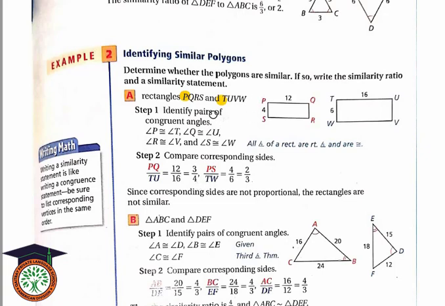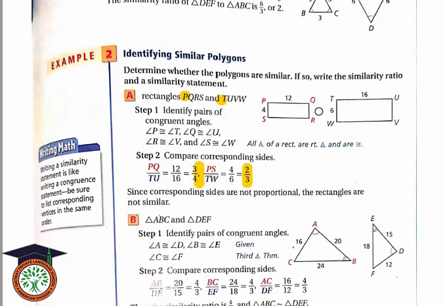Second one, PS, corresponding to TW. PS equals 4 and TW equals 6. So 4 over 6, in the simplest form, equals 2 over 3. So these two ratios are not the same.